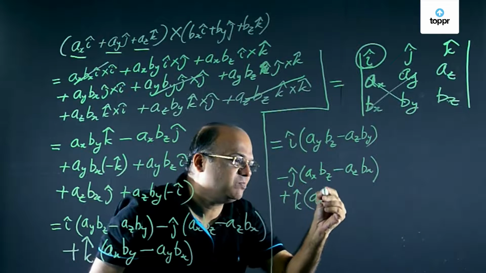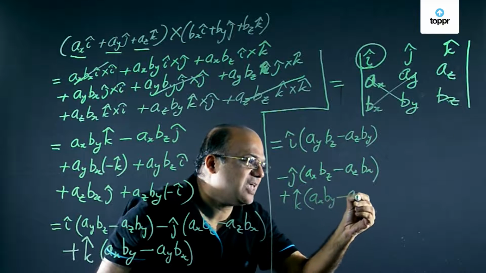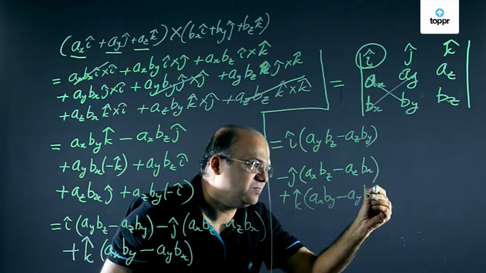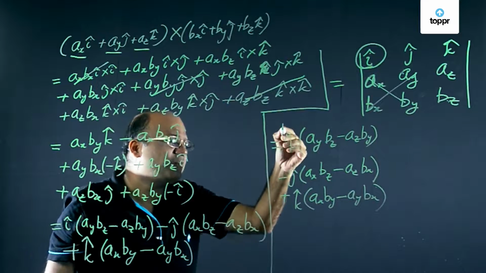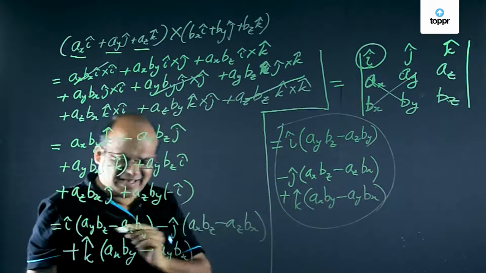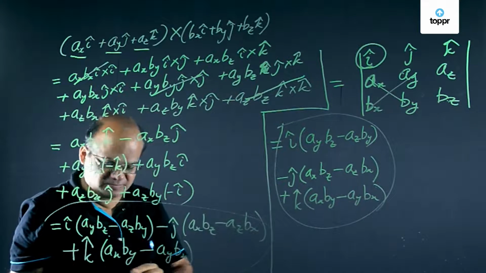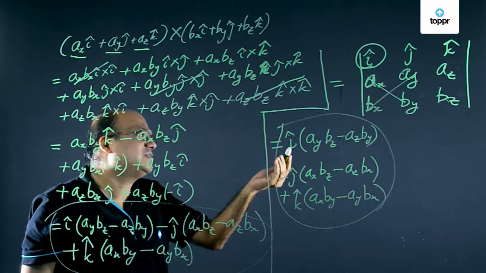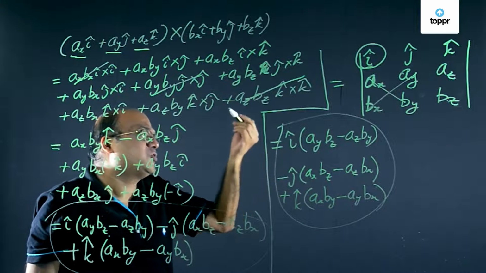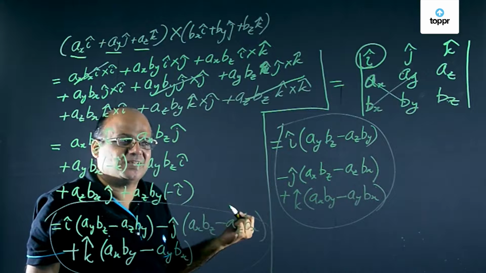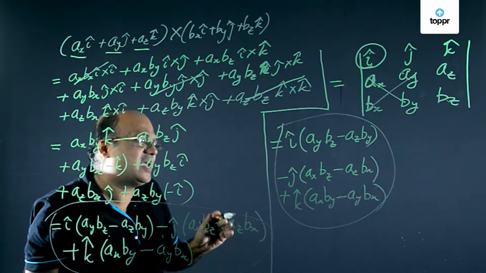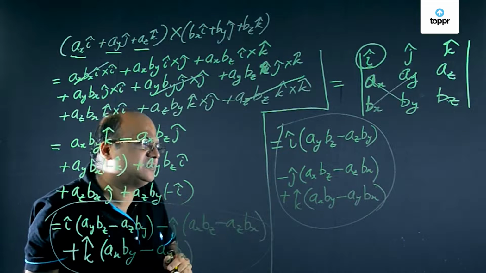So we get ax by minus ay bx. Now see the magic. Whatever we have got here is exactly the same as what we got here. And this is much easier. Right? So doing the cross product using determinants is very, very easy. We can practice that and become experts in it.